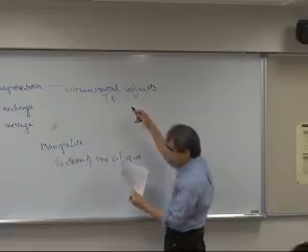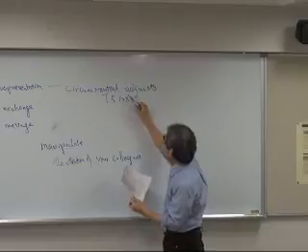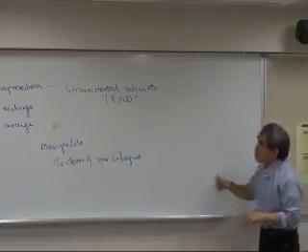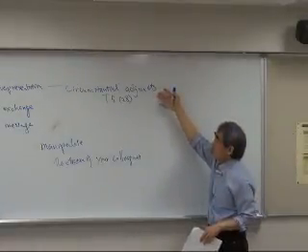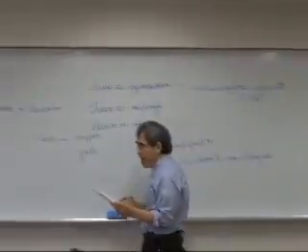So the list in this table is a complete list of circumstantial adjuncts in English.